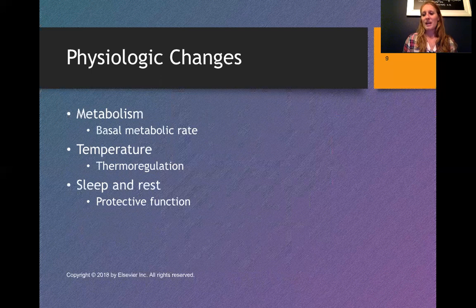When we're looking at metabolism, the basal metabolic rate is incredibly high in newborns. They are burning their glucose and their fat very quickly. The basal metabolic rate is also always higher in boys. So ladies, that's why, if your significant other or spouse can lose weight so much faster than you, it's because their basal metabolic rate is significantly increased, and that continues throughout life.